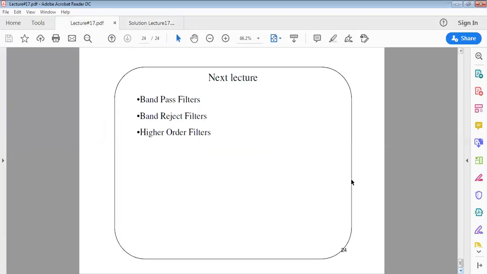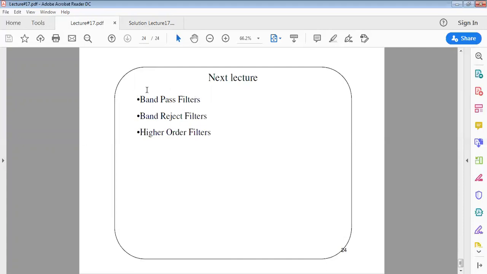For lecture 18, these are the topics that will be covered: the band pass filter, the band reject filter, and high order filters. But as I mentioned somewhere in lecture 17, these topics will not be taught in class.